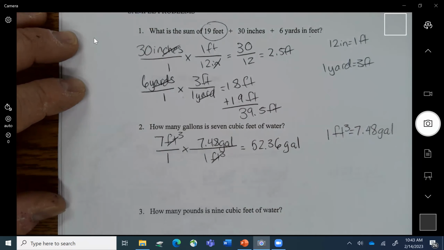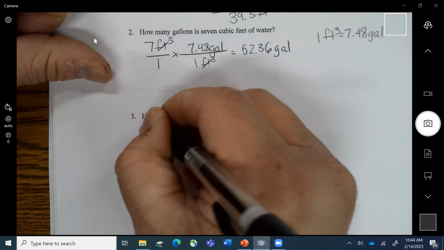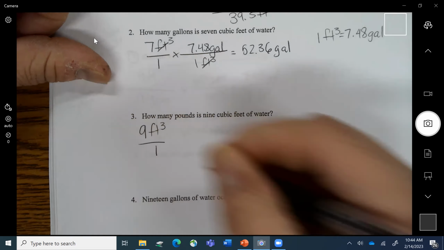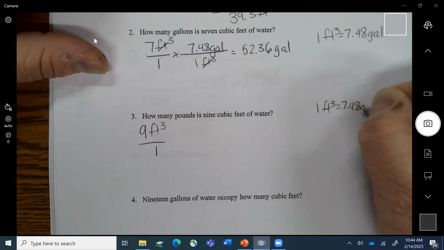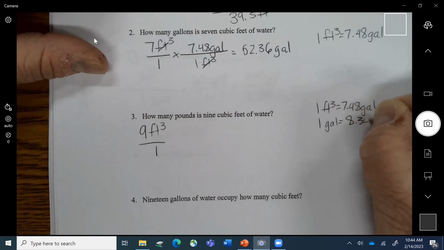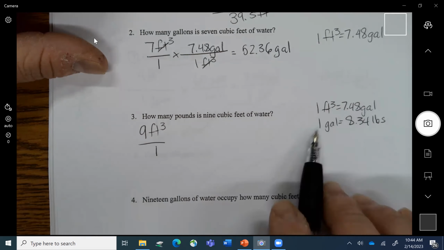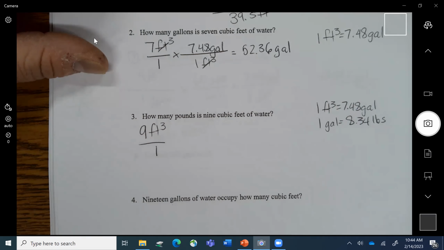All right. How many pounds is 9 cubic feet of water? Okay, so I know I'm starting with 9 cubic feet over 1. Well, I know that 1 cubic foot of water equals 7.48 gallons, like above. And I know that 1 gallon equals 8.34 pounds. Because I can go cubic feet to gallons, gallons to pounds, correct?